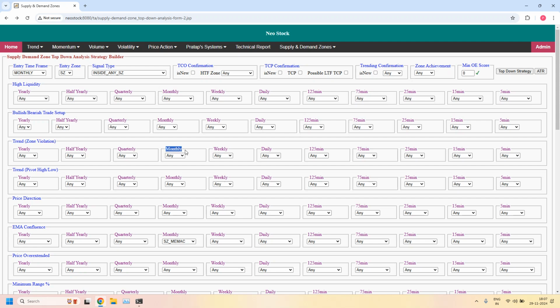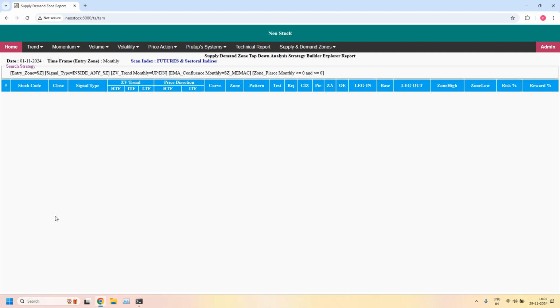So in monthly time frame, trend based on zone violation should be either up or down. Now let's verify. So we don't have any monthly supply zones having monthly EMA Confluence. Okay, this is about monthly time frame.